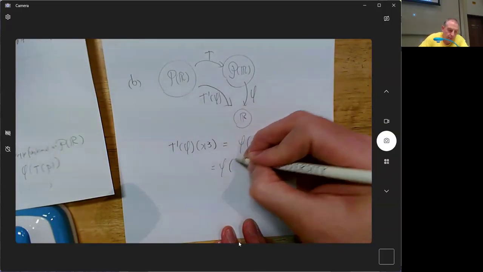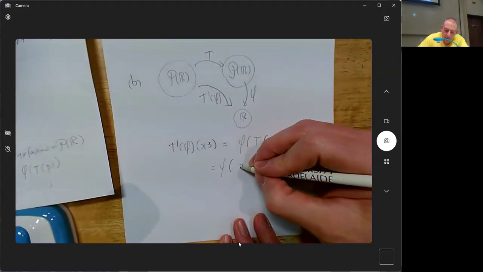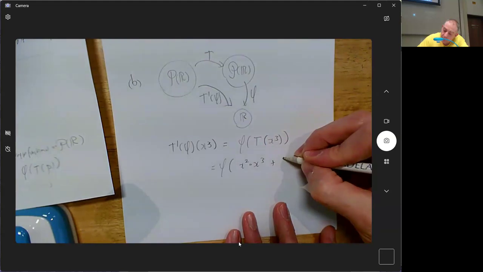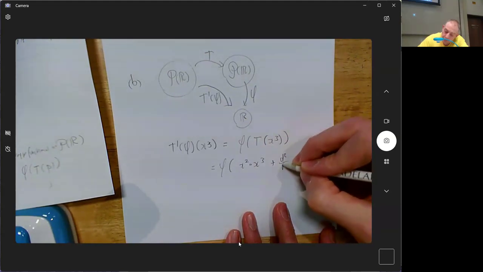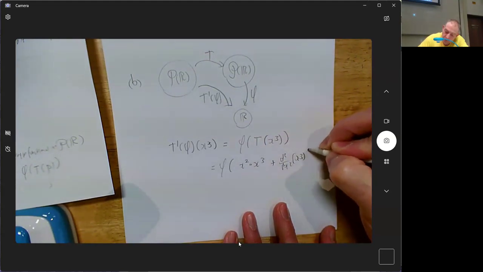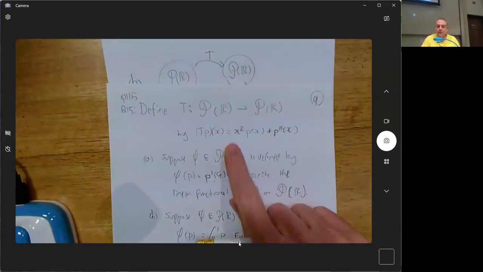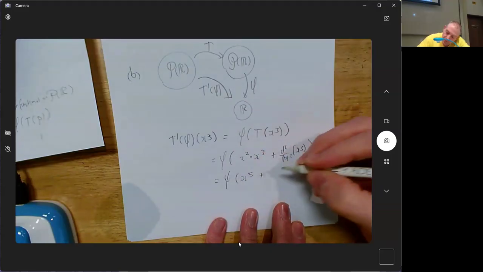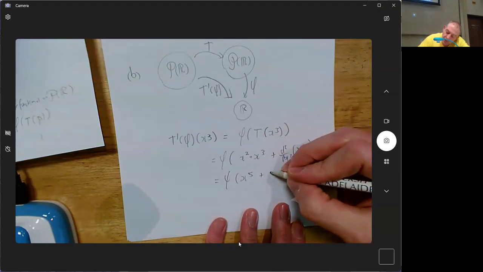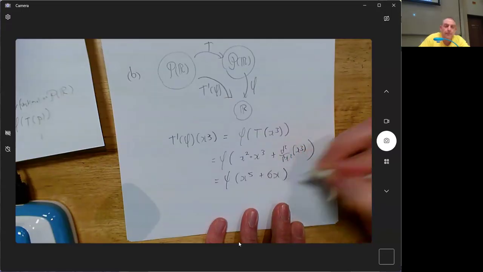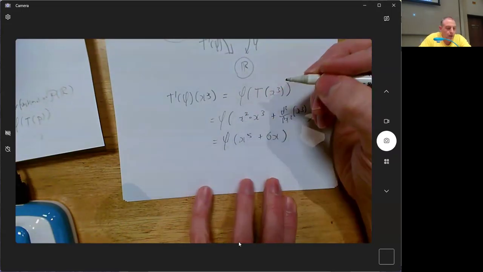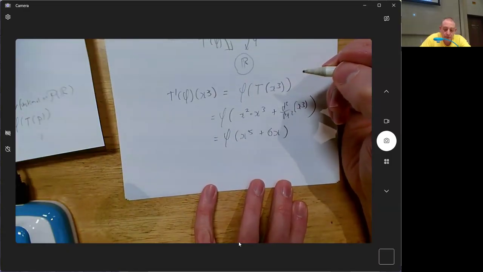Which is phi of x squared times x cubed plus the second derivative of x cubed, according to what T is. And so that's phi of x to the 5 plus 6x. Okay? And phi is the integral of that.